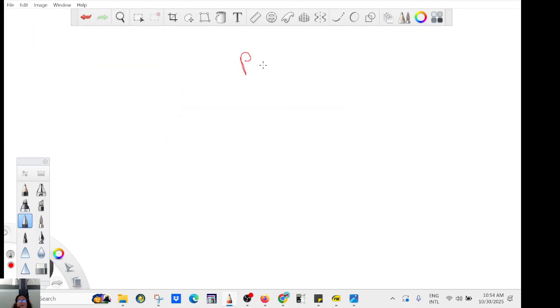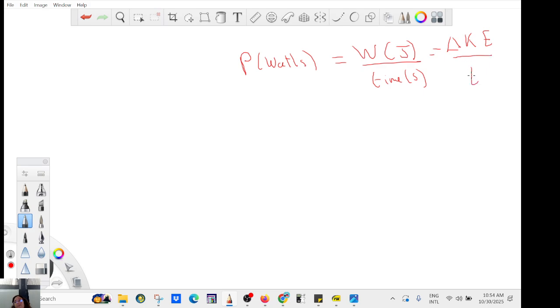The power in watts is the work or the change in energy, that will be in joules, over the time in seconds. Or you can also say it's the change in kinetic energy over the time. Or for short, you can say power is energy over time.